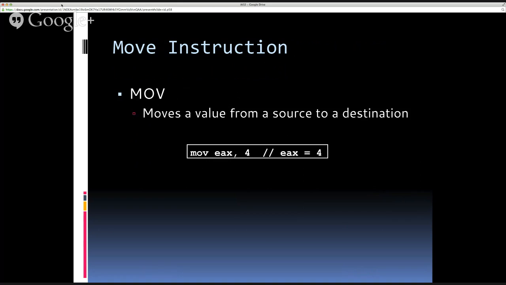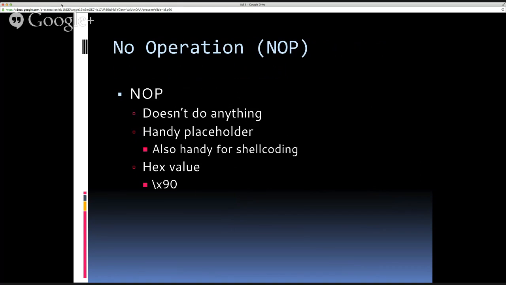This one, as the name implies, is just simply assigning a value. In this case, it's moving 4 to EAX. So it's pretty simple. NOP, this one doesn't do anything. It's no operation. This one actually comes into play quite a bit in reverse engineering and exploitation. We'll talk about NOP sleds later.